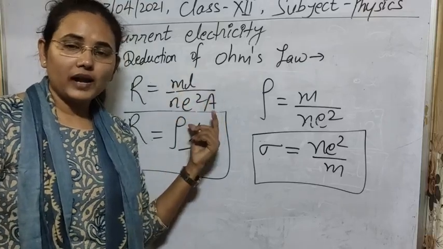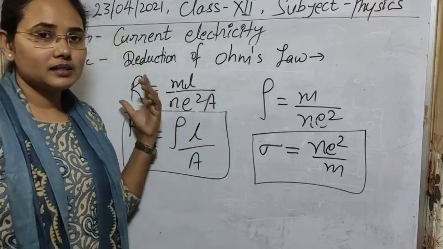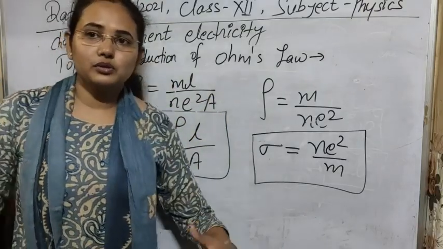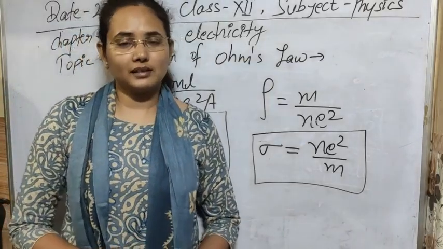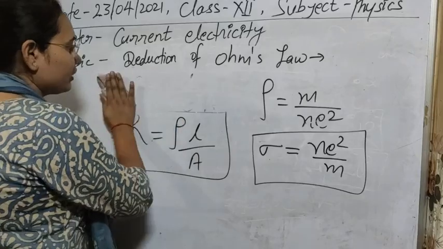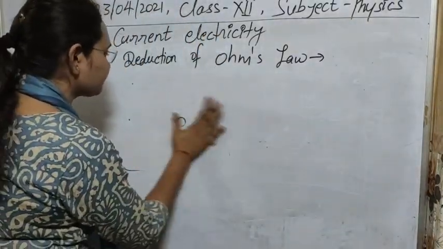So all these factors influence the resistance of any material, which is produced due to the large number of charge carriers. So I think that concept is now clear. How can we deduce Ohm's law? How can we understand this concept?